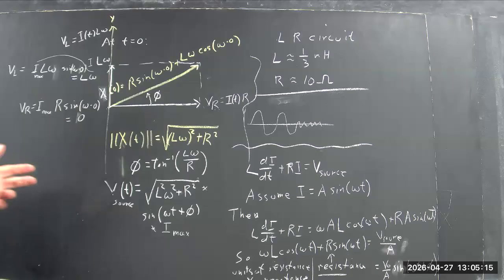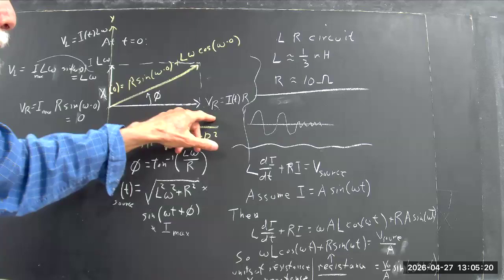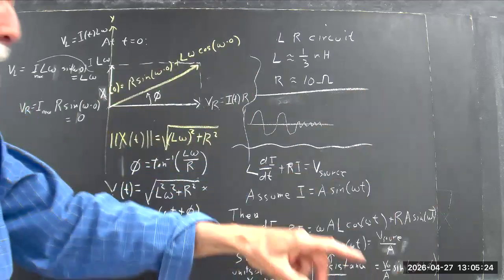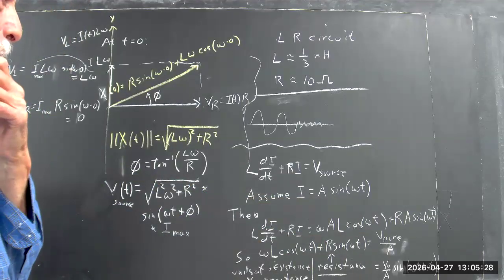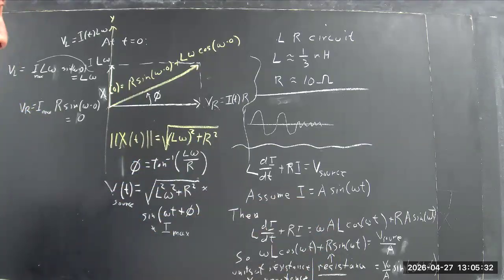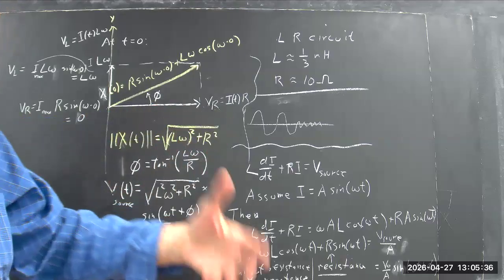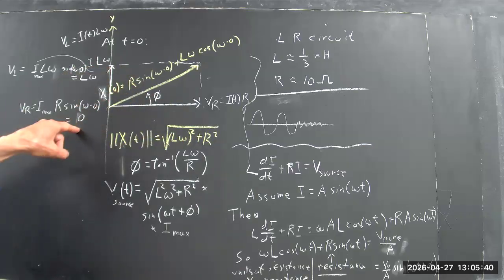If I multiply the current times the resistance, I get the voltage across the resistor at that instant. Remember that the current is some constant times the sine of omega t, so the voltage across the resistor is changing in time. This is just a picture of what it looks like at t equals 0.